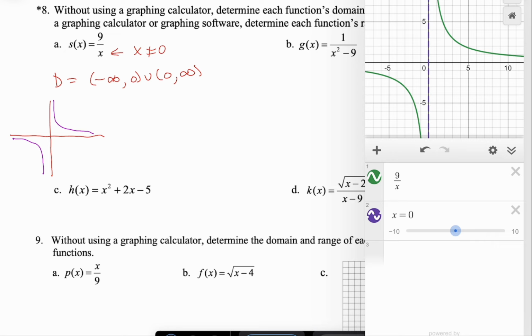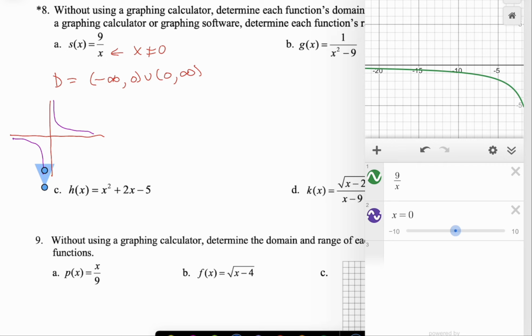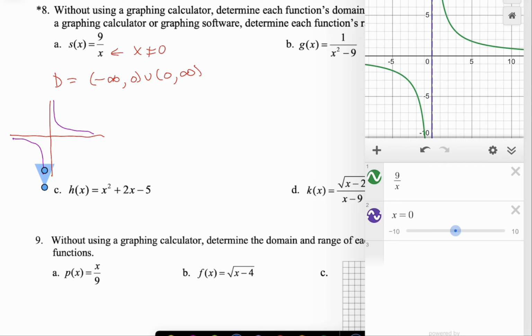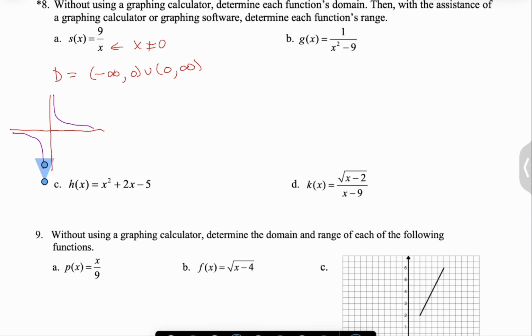The range are the y values from bottom to top. So you can see I can go down as far as I want, until I get to a height of almost 0.